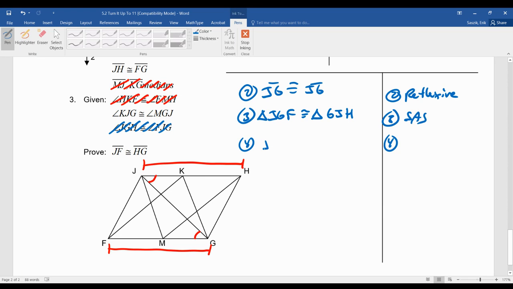And it looks like we can just do this in 4 steps and get rid of a ton of the givens. So that would be CPCTC. So actually, I realize, yeah, I don't think it can be done any quicker than that. So that problem was a little bit messed up. Sorry about that. Happens sometimes.